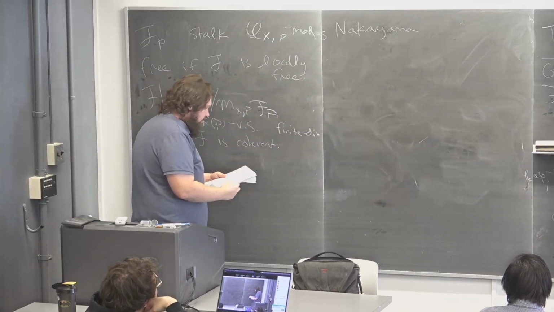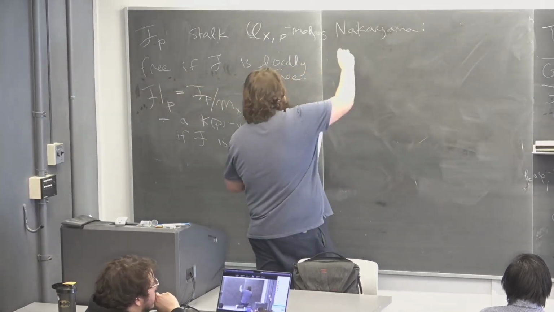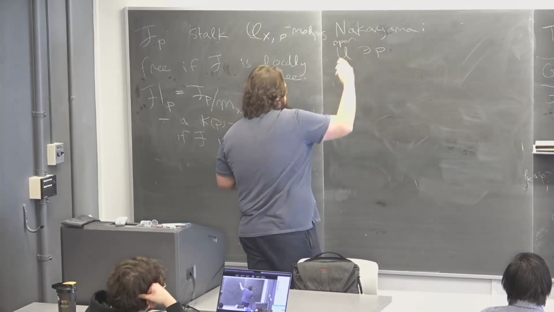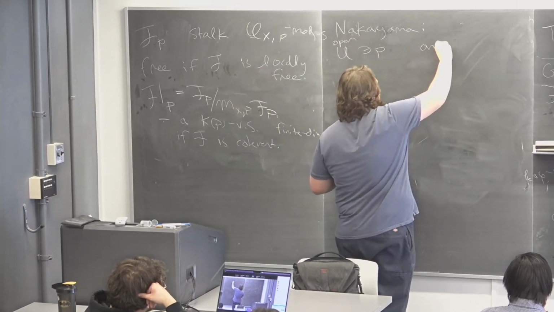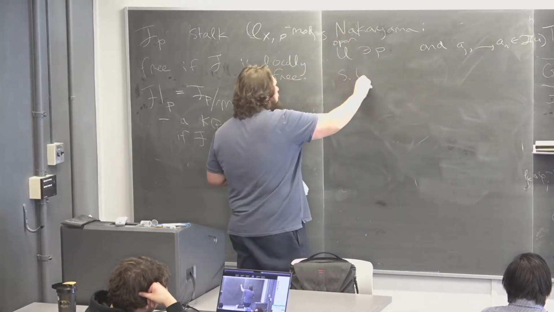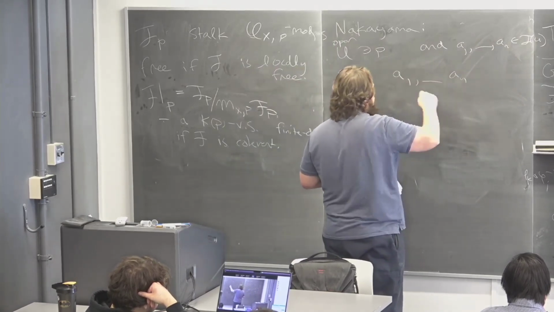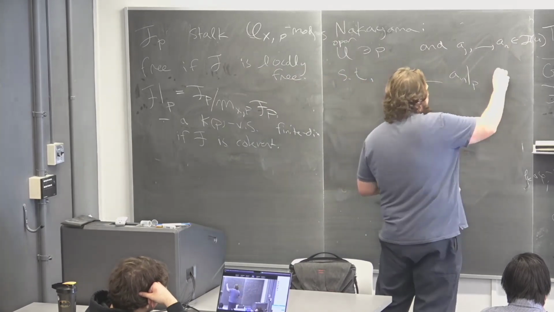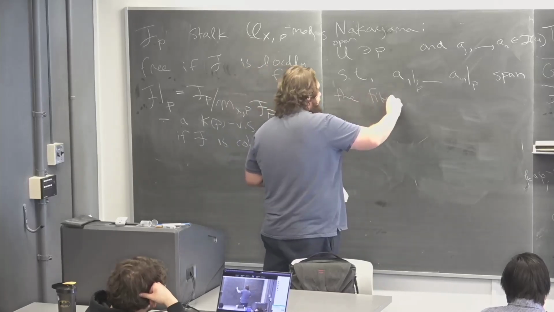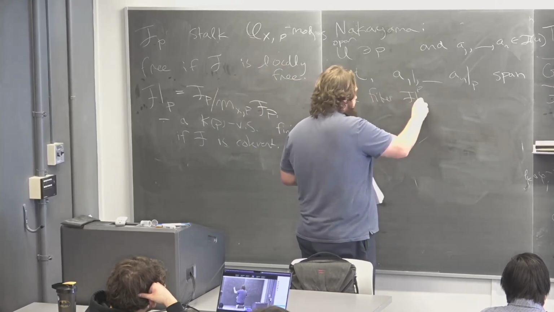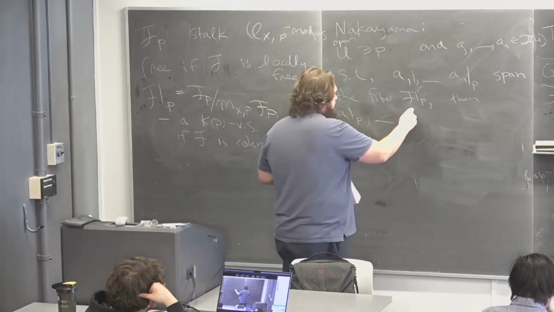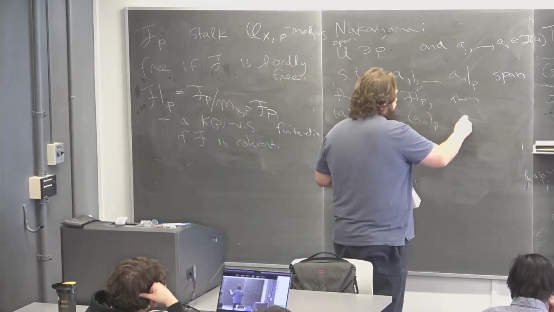What Nakayama's lemma says, when you think about it geometrically: if I have U open and a point P in U, and I have sections a_1 up through a_n of F over U, such that a_1 through a_n restricted to P span this fiber, then I can look at their elements of the stalk, and they generate the stalk.